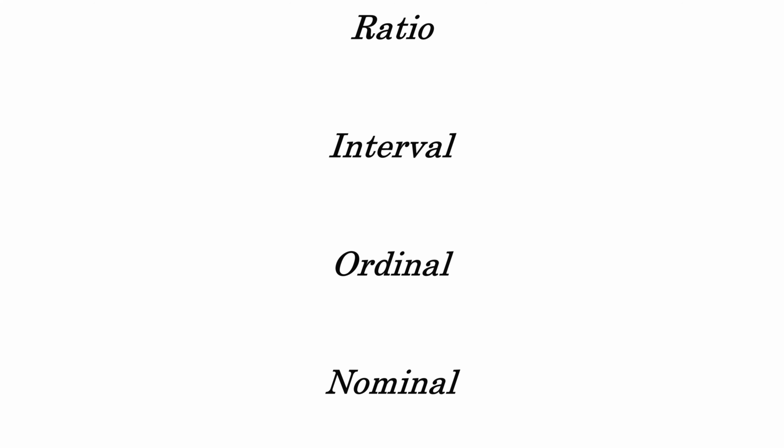Finally, we need to understand the so-called levels of measurement. I call this the pyramid of levels of measurements. You need to pay attention to what I'm saying here. I'm going to give it to you with a very, very simple example.